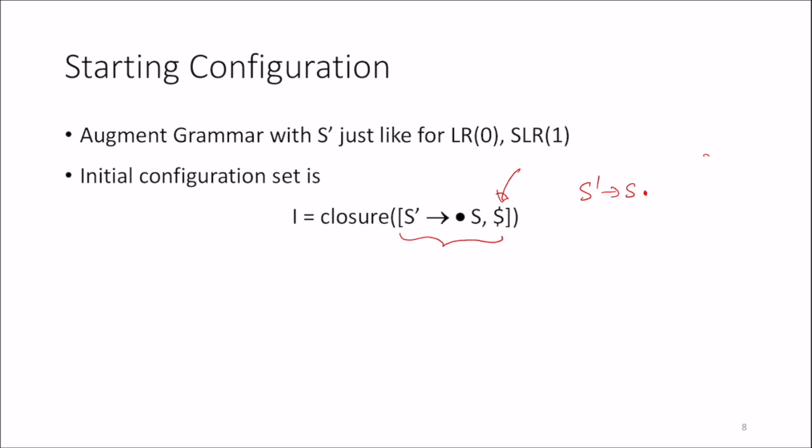If my dot ends up here, I know that the next symbol should be $, because I've accepted the entire string, so I'm done with parsing. So the next symbol has to be the end of input. Otherwise, I shouldn't reduce this, right? If I haven't accepted the entire string, I shouldn't accept it. So that's why I start off with the end of input symbol here as the initial look ahead symbol.